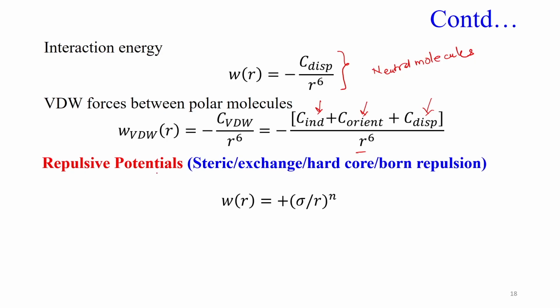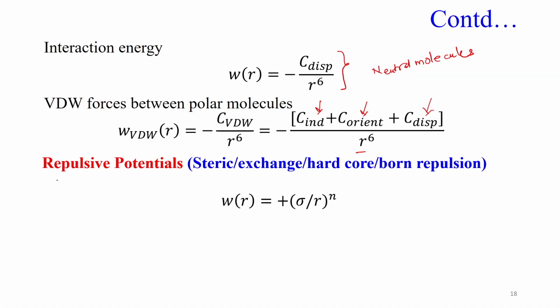The repulsive potential here is known as the steric, exchange, hardcore or bond repulsion. We consider one atom or molecule as a hard shell and the other also as a hard shell. When they come very close, the electron clouds repel each other. That is exactly the repulsive potential, or steric repulsion.